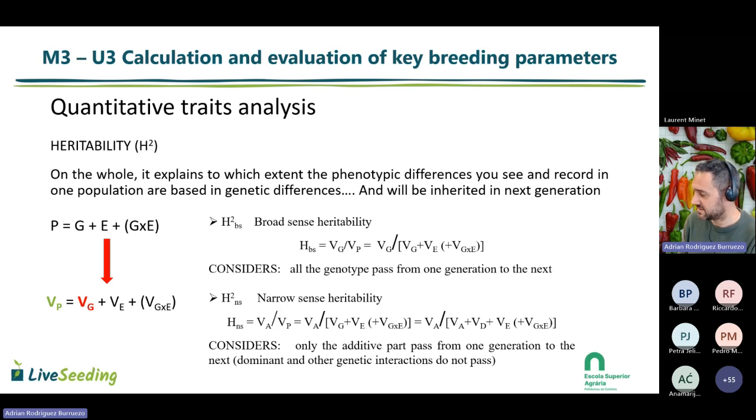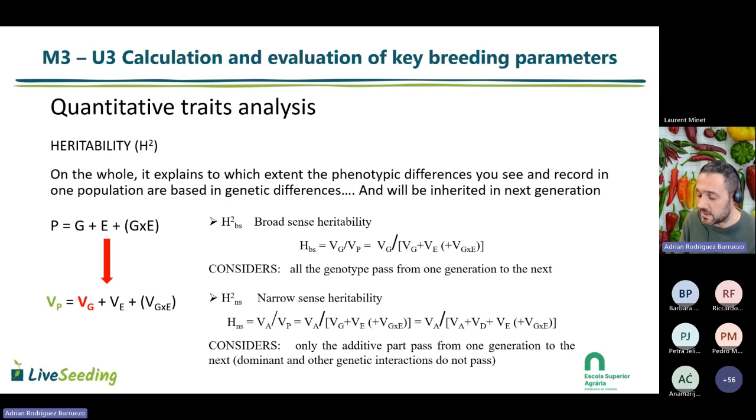As the term says, heritability, on the whole, this parameter is used to explain to which extent the phenotypic differences you see and record in your population, which will be submitted to selection, have a genetic basis, are based in genetic differences.